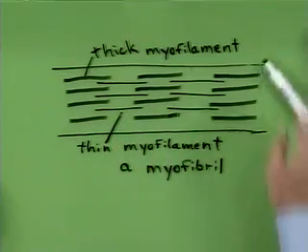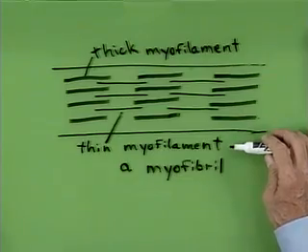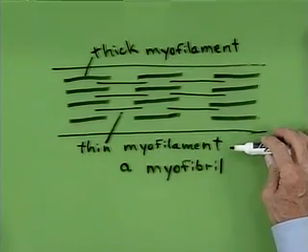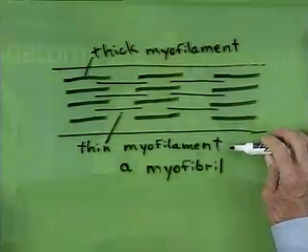Thin myofilaments are composed primarily of actin, but there are a couple of other proteins present within them. When you get to a class in physiology in your futures, you will learn about troponin and tropomyosin and some other proteins that are present as well. But the main protein, the one that everybody remembers and learns initially, is actin for thin myofilaments and myosin for thick myofilaments.